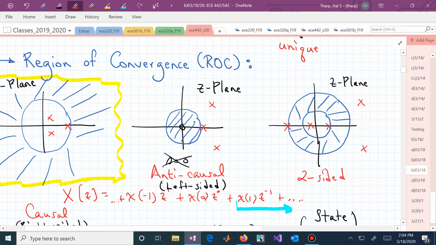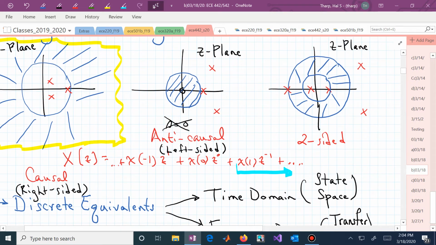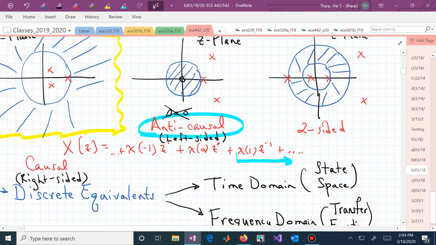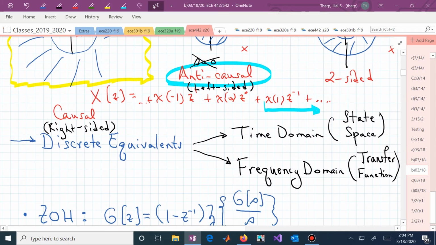Z is not allowed to go off to infinity, so our region of convergence is bounded. Now, in fact, we could have a two-sided time domain sequence.